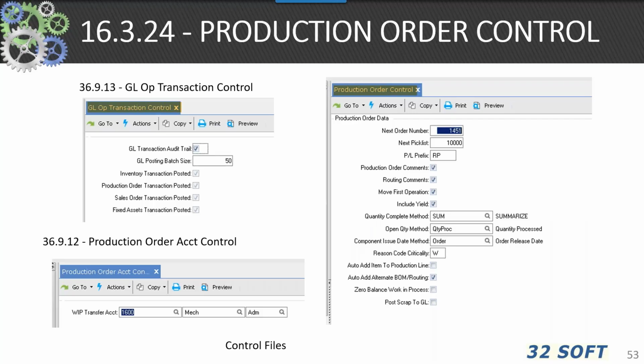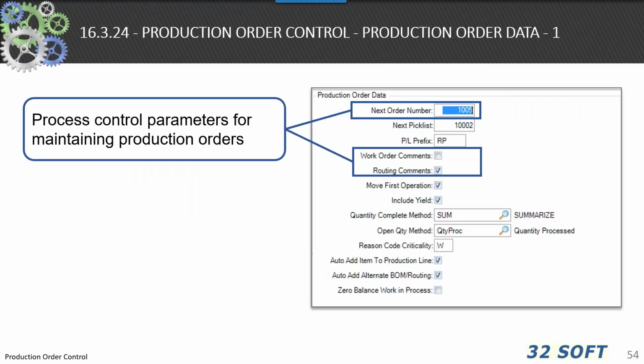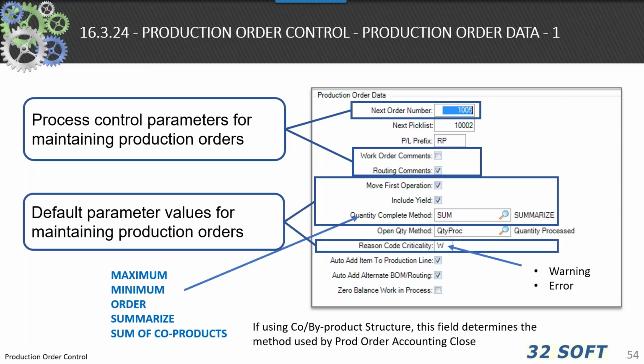In 16.3.24, we have indicated all things start with control files. With production orders, we look at 16.3.24, a number of fields in the new 16.3.24. First, next order and default of order and routing comments. We've got the detail for move to next operation, include yield.